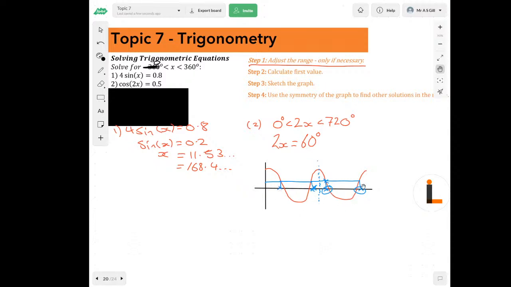This plus 360 will give us this one here. So the first value we get through symmetry is 300. And then we're also going to get 420 degrees and 660 degrees.